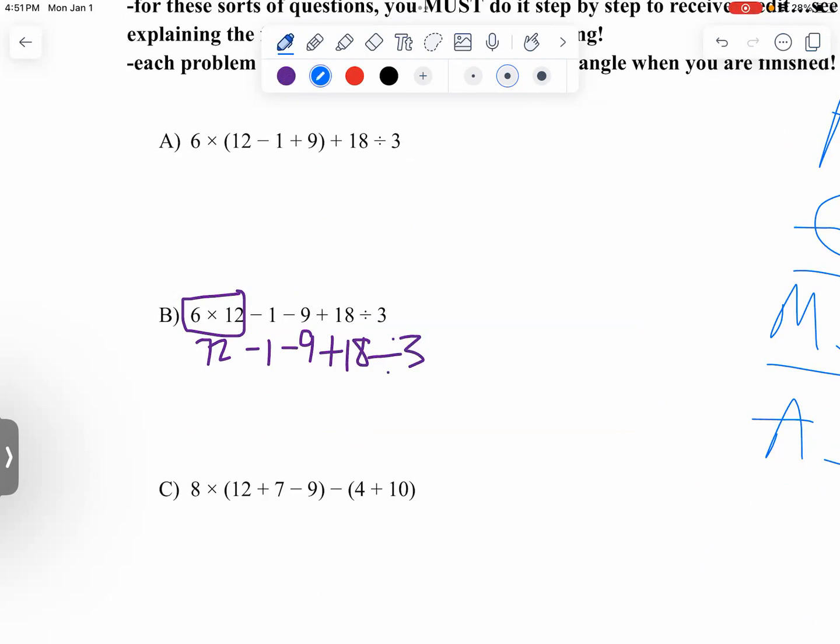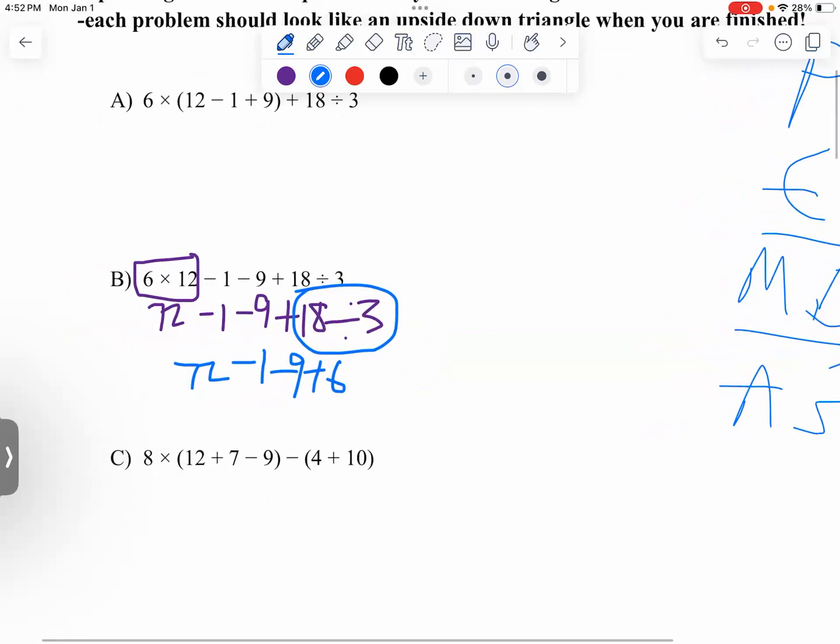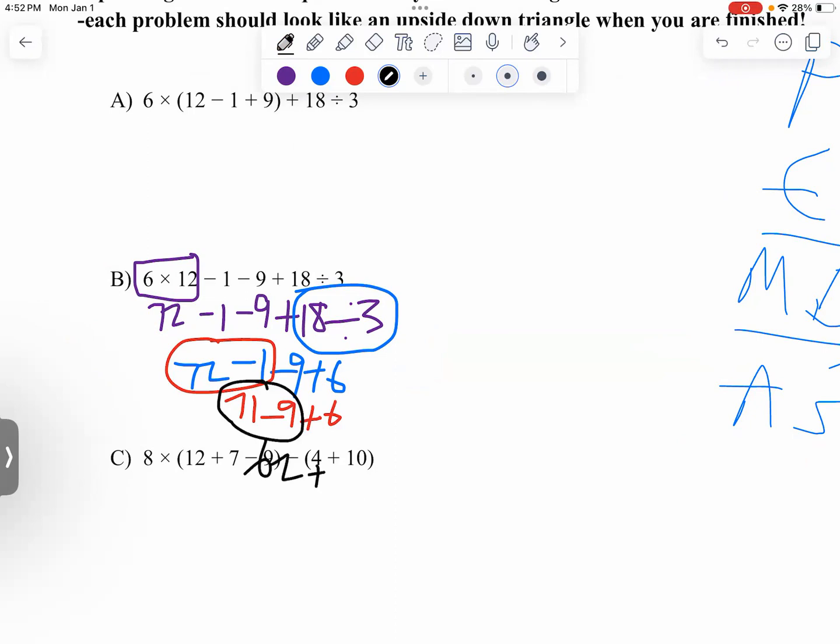Now we have all this subtracting and adding, but first we need to do that division. 18 divided by 3 is 6. Then we recopy the rest of the problem. Now this is adding and subtracting left to right. 72 minus 1 is 71. Minus 9 plus 6. 71 minus 9 is 62. Plus 6 is 68. So we'll box in our answer here, and that is B.